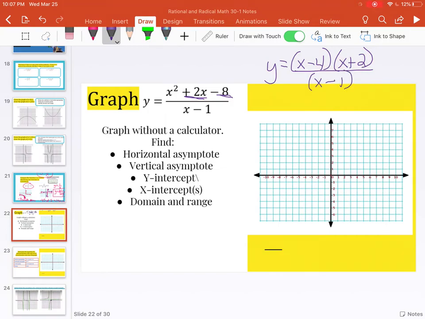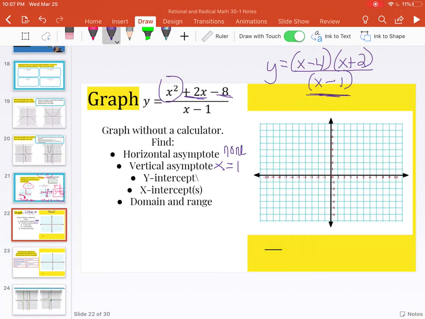Now let's see if we can figure out the answers to these bullets without graphing. Would this have a horizontal asymptote? The degree of the numerator is larger than the degree of the denominator. So if you go back into your notes, you will see that no, it does not have a horizontal asymptote. Does it have a vertical asymptote? Yes, because I do have a factor on the denominator that does not cancel out. So my vertical asymptote would be x equals 1.